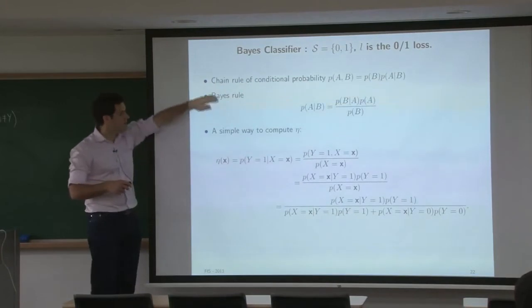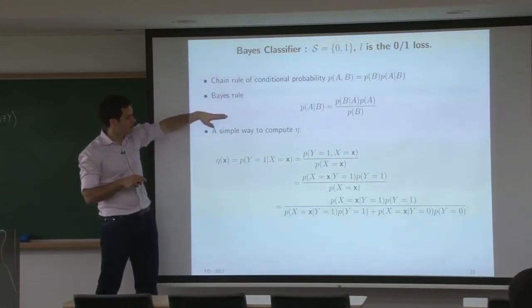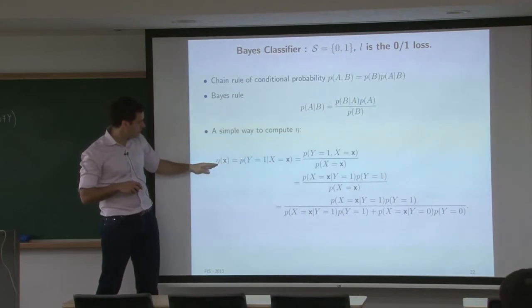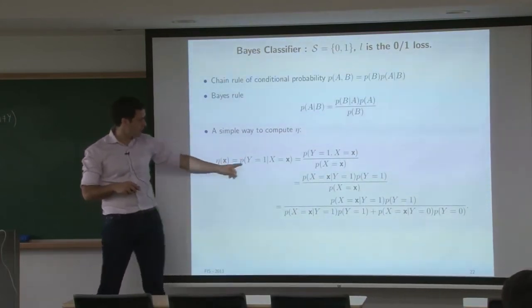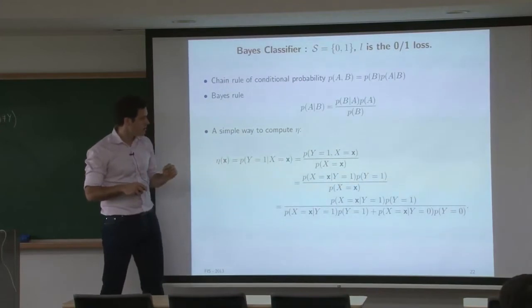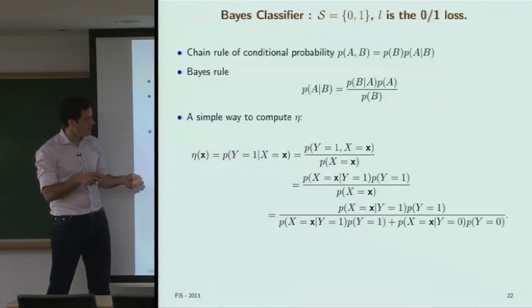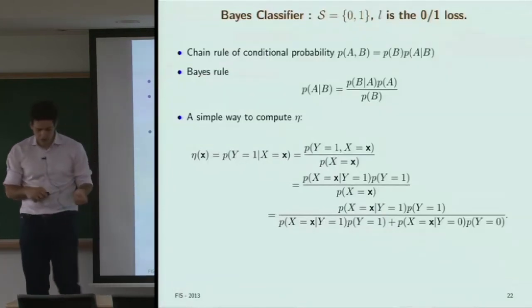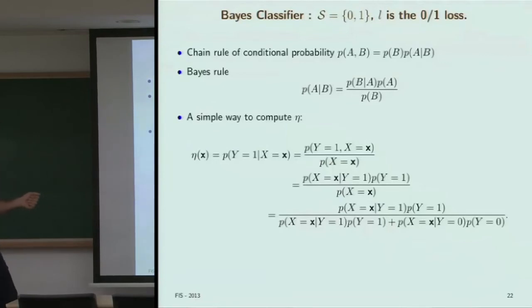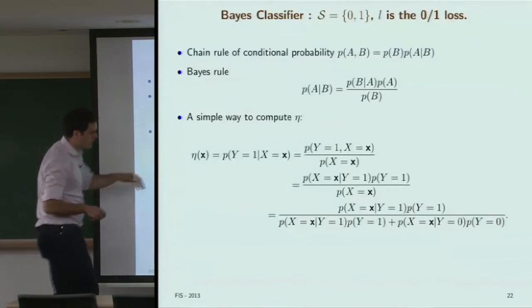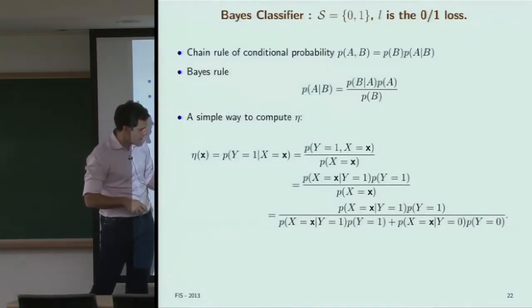Again, the chain rule of conditional probabilities, Bayes rule. So a simple way to compute eta is the probability of y equals 1 knowing x equals x. If you just use this, you get this ratio, the probability of y equals 1 and x equals x divided by the probability of x equals x. Using again this rule, you can condition again on y, and you get probability of x equals x knowing y equals 1, etc. And then the probability of x equals x can be conditioned on both y equals 1 and y equals 0.